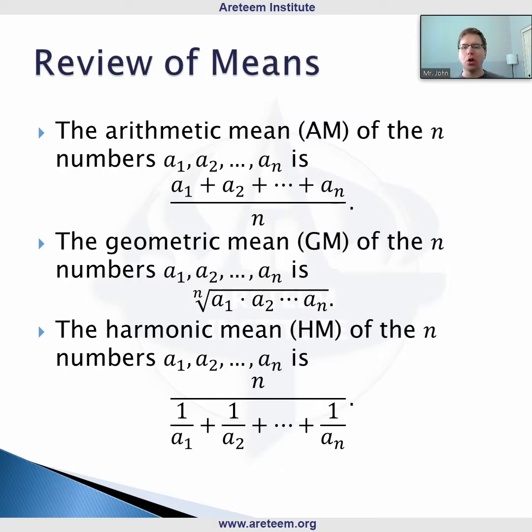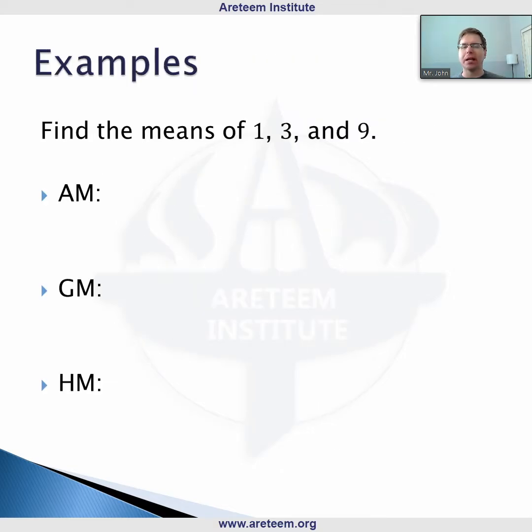So let's look at this first with a quick example. We have our three different means, and let's suppose we have three numbers, 1, 3, and 9, and we want to calculate the different means in each of these cases.